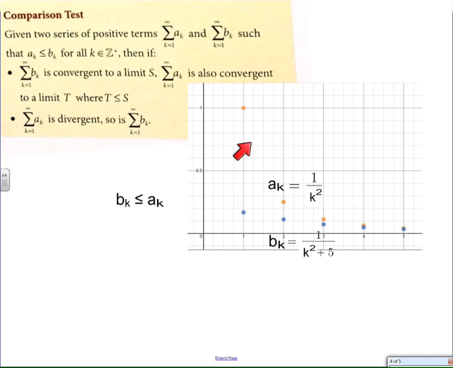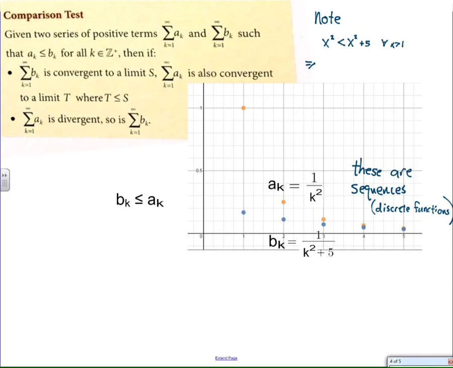So here again in this illustration we have two sequences, a sub k and b sub k, and here we can show that they're sequences, obviously, the discrete forms of functions.